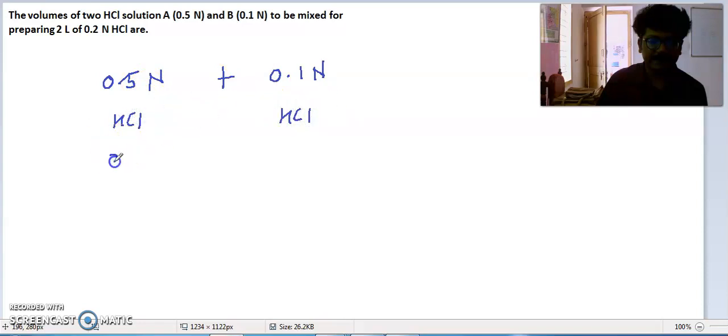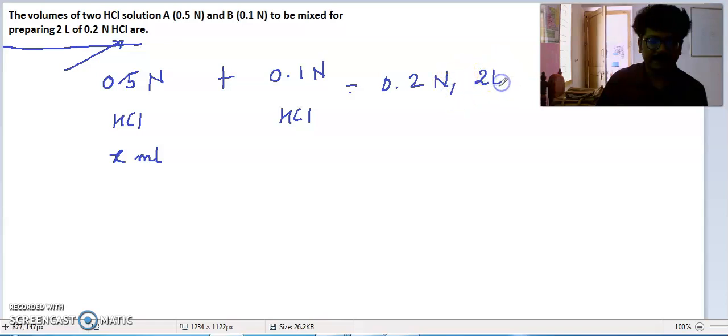Let's say the volume of this solution is X ml. But make sure when you mix them, the final normality of the solution is 0.2. Even the volume of this is 2 liter.